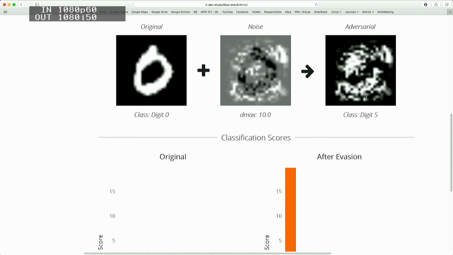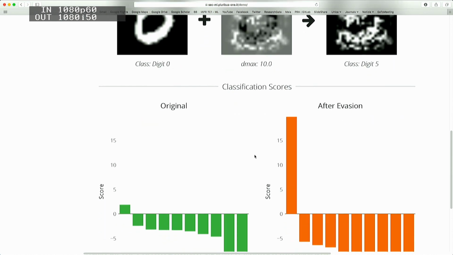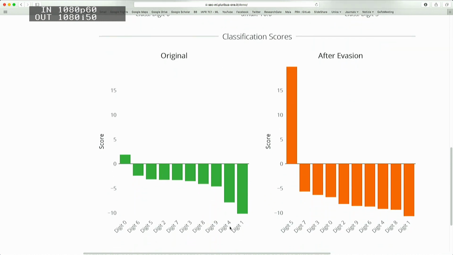It's interesting also to see that, for example, in some cases, if you have 0, 1 is the class with the least support, right? So when you want to change this image of 0 to 1, and the perturbation is not sufficient, it may be misclassified as some other classes in between. So it might be misclassified as 5, 2, or 7, for example.